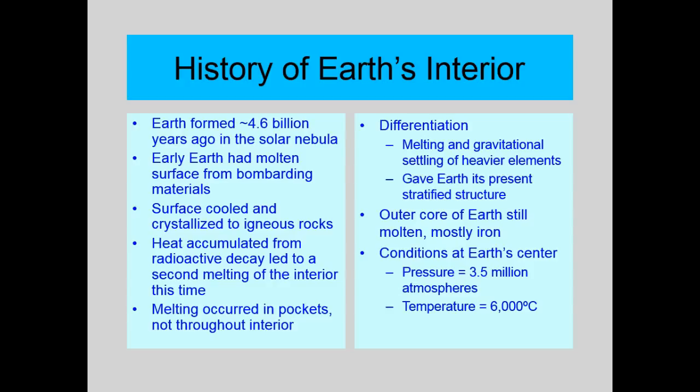That led to a second melting, this time of the interior. Okay? Heat accumulated, especially once the surface had cooled, because now heat wasn't escaping as fast. So it accumulated on the inside, and you had the interior melting.